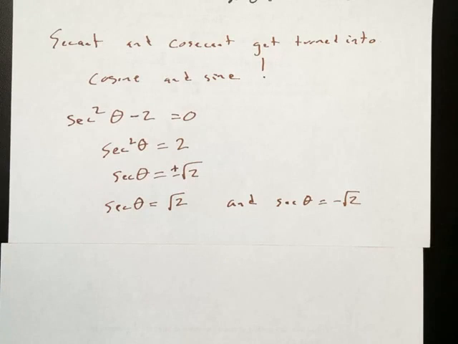I don't remember the values for secant and cosecant as easily as I remember the values for sine and cosine. So let's switch. What do I switch with secant? Almost. Secant isn't cosine, secant is 1 over cosine.